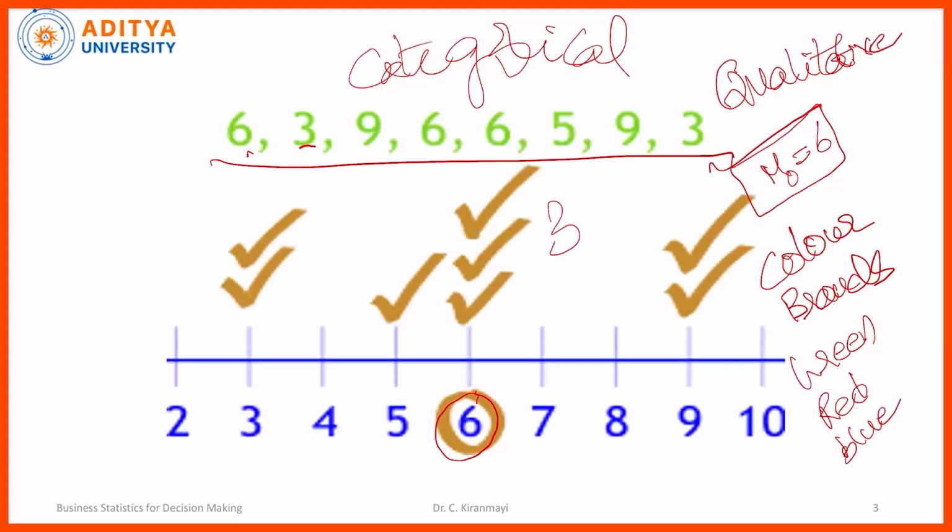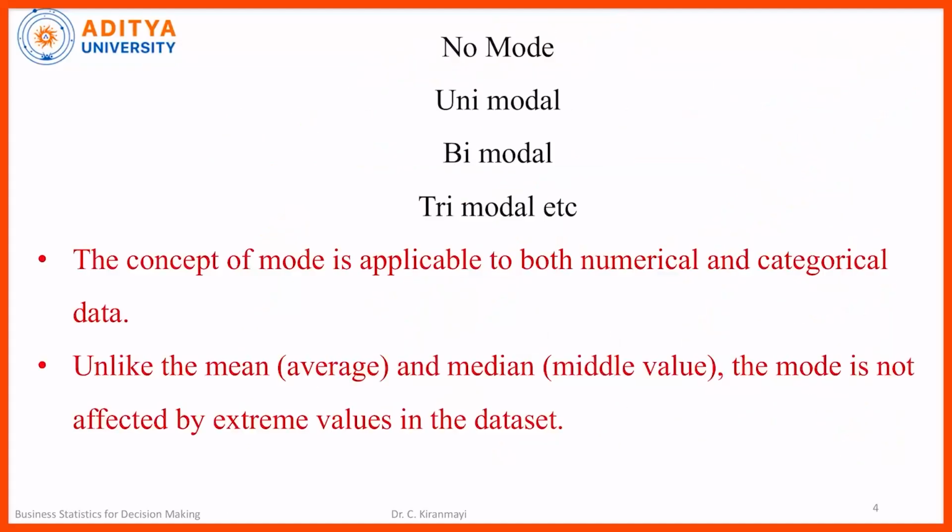But these are variables which we cannot quantify, and we cannot even rank the categories or put them in order. In such a case, mode turns out to be the most useful measure for performing data analysis. So this is a big usage of mode.